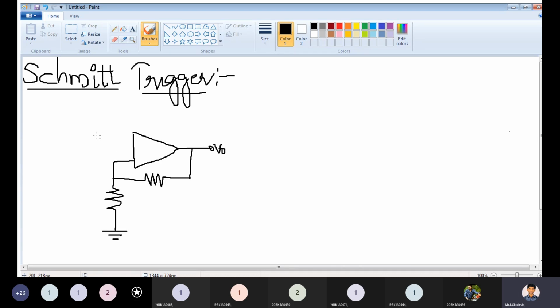For the inverting input terminal, we need to apply the input Vi.